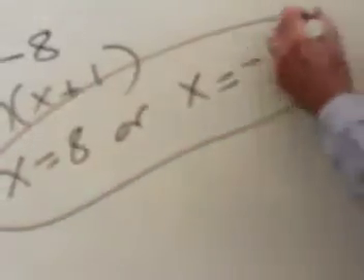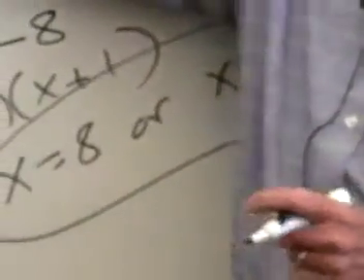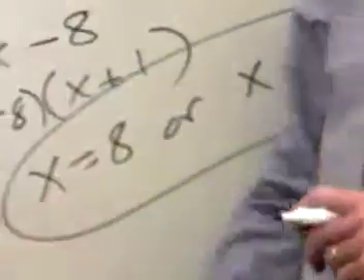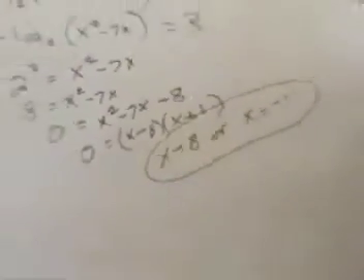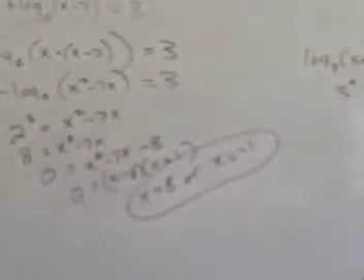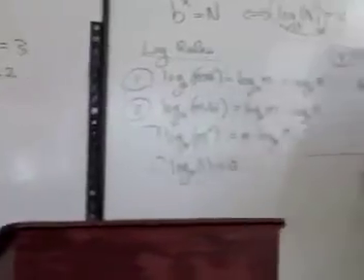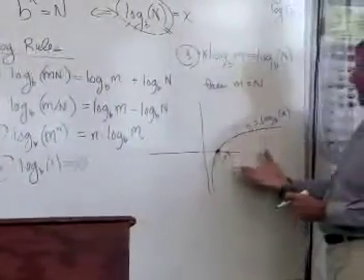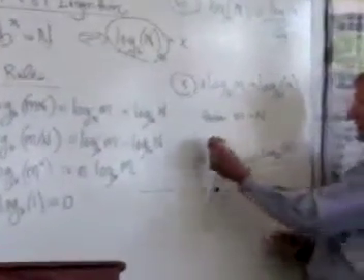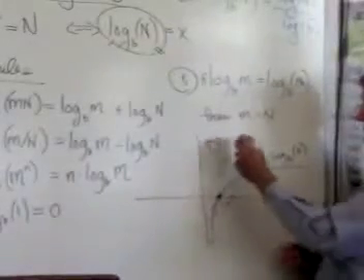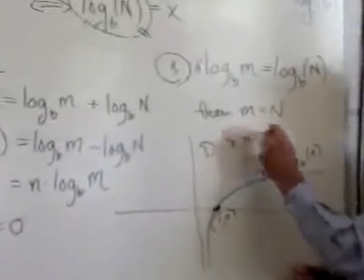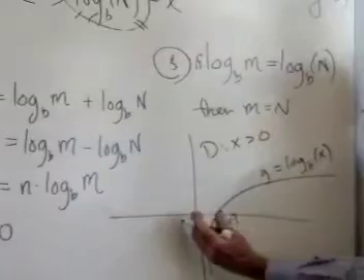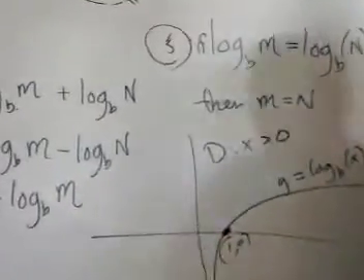And you're all excited that you solved the original problem, but you haven't, because remember what the domain of a log function is. The domain of a log function is that the x's have to be greater than 0. You cannot take the log of a negative number.